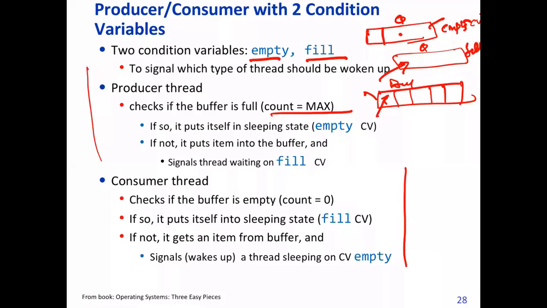And the same thing happens while the consumer is consuming, it will signal, and when the producer puts something onto the buffer, it will also signal the other queue, which is the fill queue. All right, is the logic clear? Are you able to understand the logic?